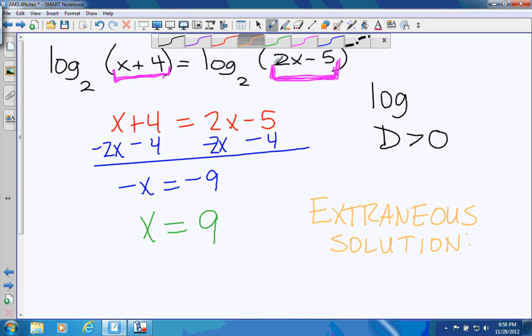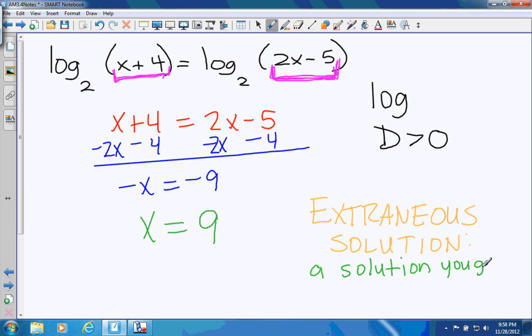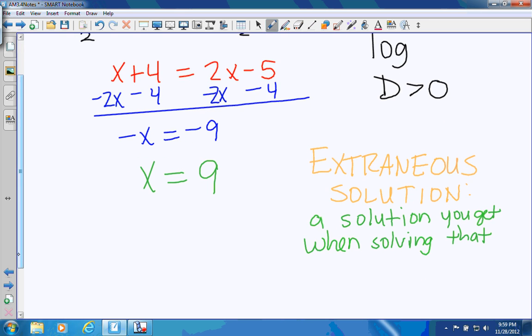And an extraneous solution is a solution you get when solving that doesn't work in the original equation.